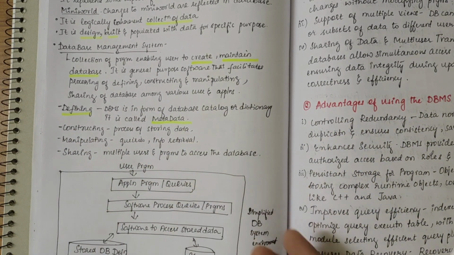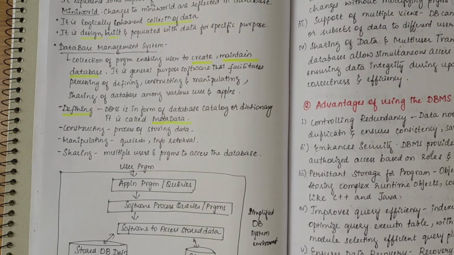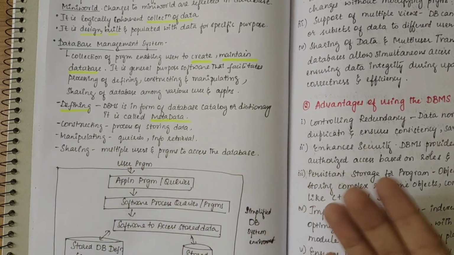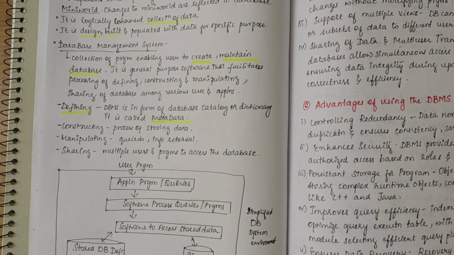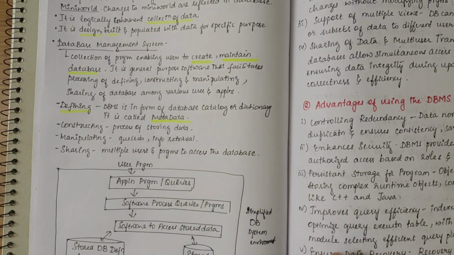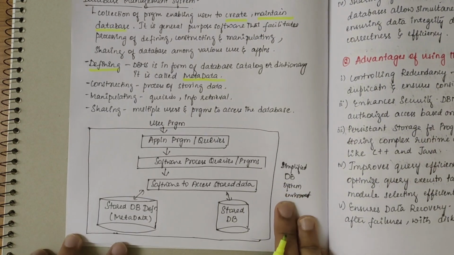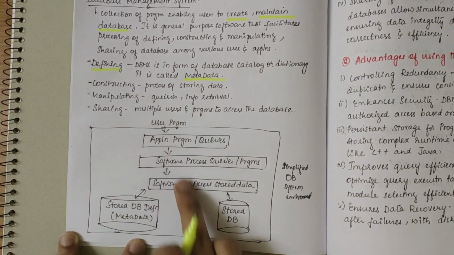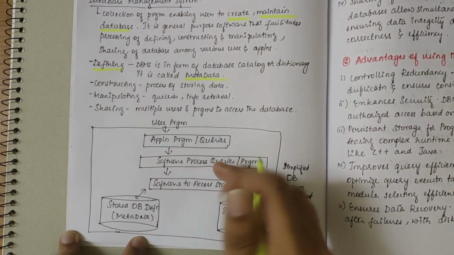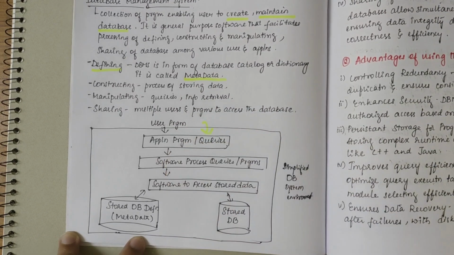And then sharing. As we know, a database management system has an advantage: it can deal with multiple users and programs and provide access to them. Looking at a simple database system environment, we have a user program and the application program. The user gives queries as input.